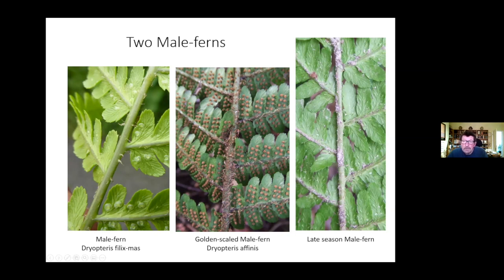And certainly if you look at the Dryopteris filix-mas ferns, the male ferns, in January or February when they're quite old, they will look a bit black. So don't try to identify these out of season unless you're really, really competent, because you can get little black regions developing. It's just the fern dying off and starting to decompose. But during the main part of the season, the early spring to the autumn, you'll see these black regions here.